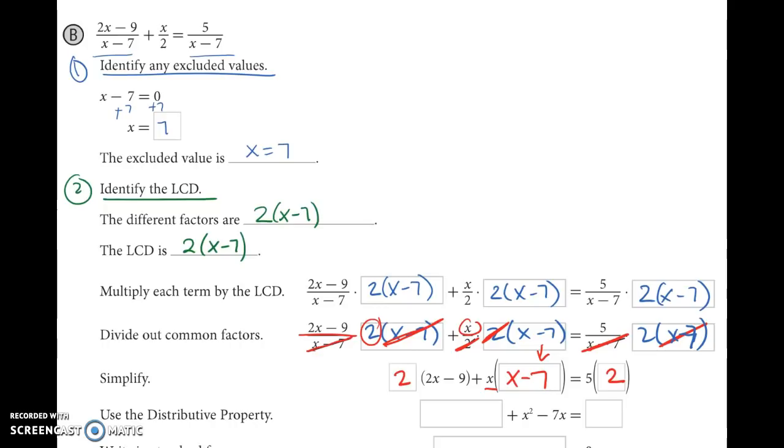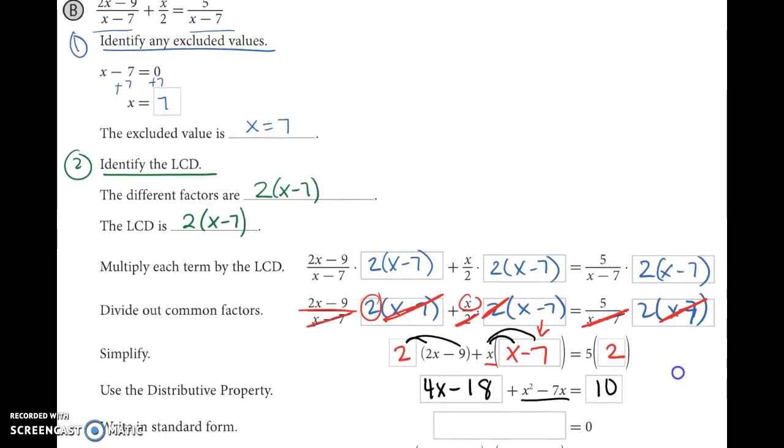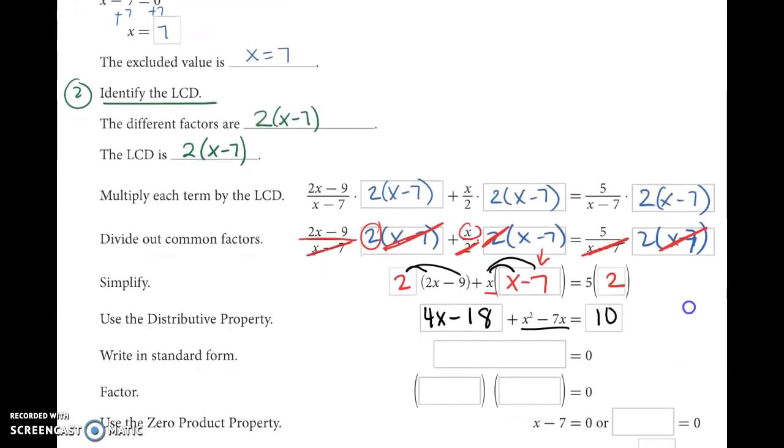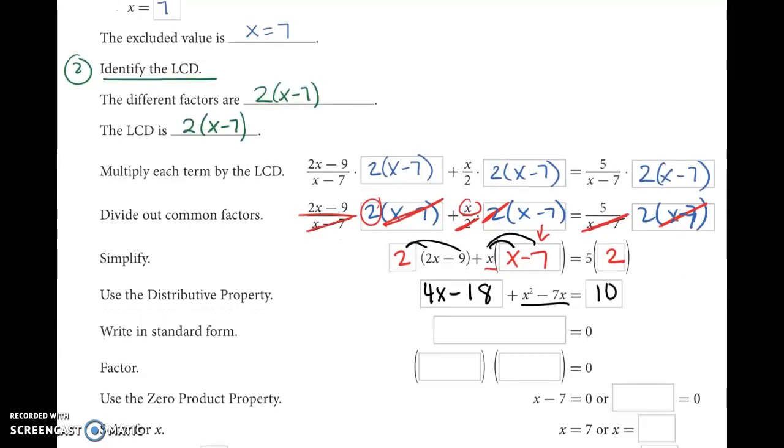So I'm going to go ahead and distribute this. So 4x minus 18. Distributing this, I get x squared minus 7x, which they filled in here for us. And we get 10. So we're going to move everything to one side so that we can go ahead and factor this.